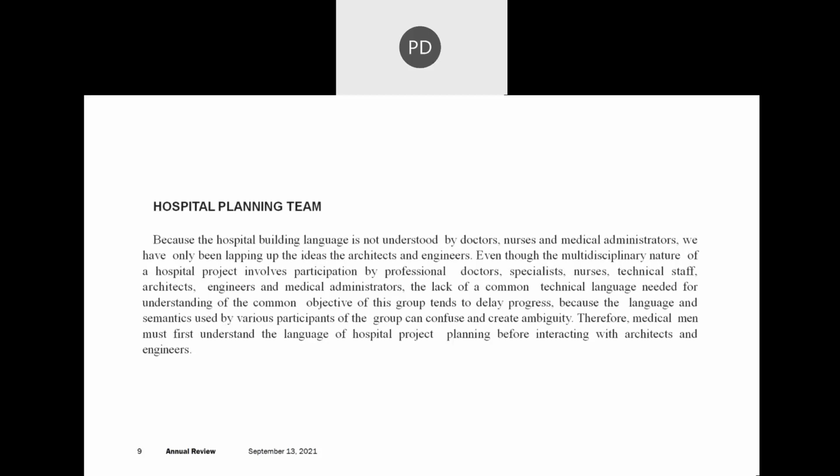These things take time for a medical person to understand, because they did not read about all these things. Because of this only, the delay of progress happens for the project.